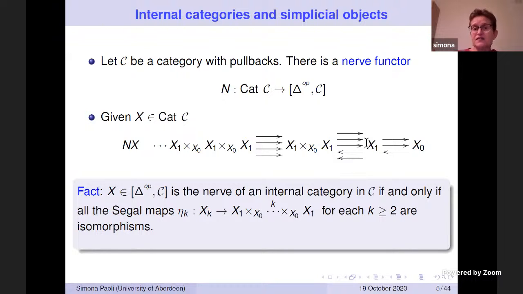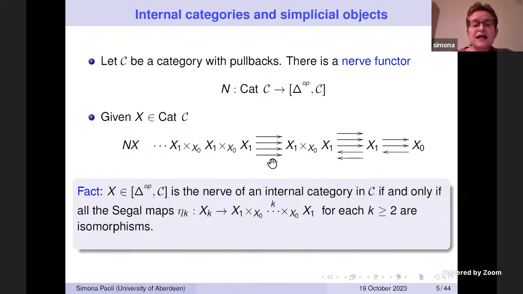So you have at level 0 the object of objects, then the object of arrows, then the object of composable arrows, then the object of strings of arrows of general length n. The face operators are given by composition and projection, and the degeneracies are the insertion of the identity arrows.